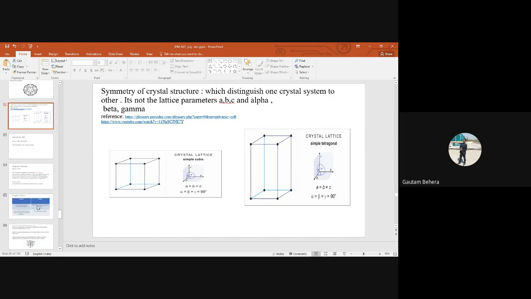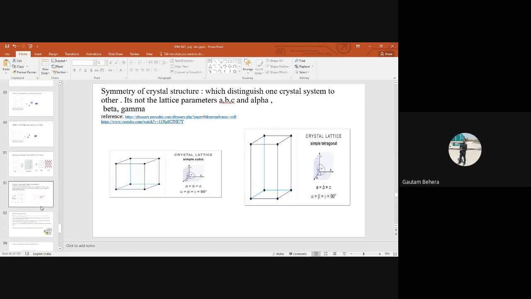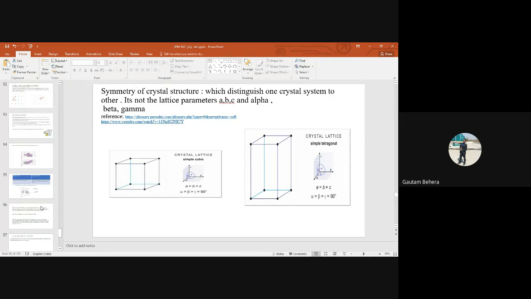Right? A unit cell can be formed by just knowing the lattice parameters. Both should be known: the interaxial angles, and your edge lengths or basis vectors. So if A is equal to B is equal to C, alpha is equal to beta is equal to gamma is equal to 90 degrees, which kind of unit cell will form?